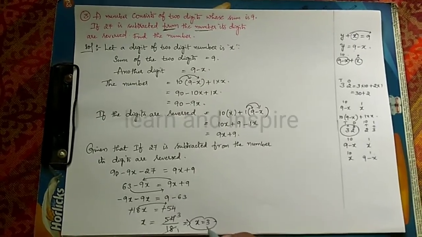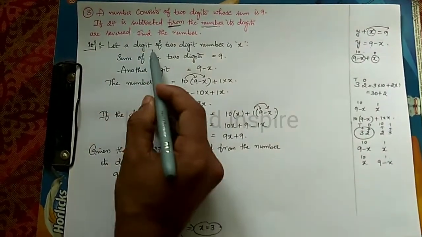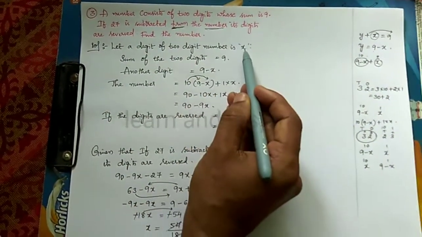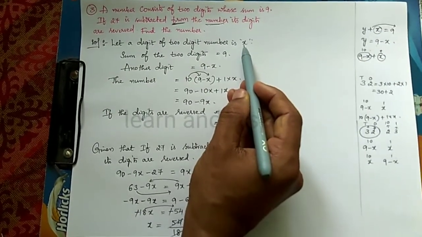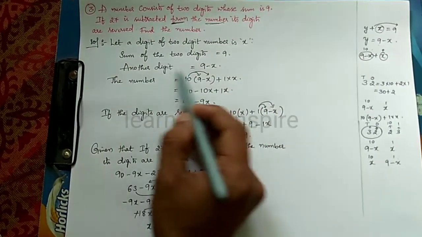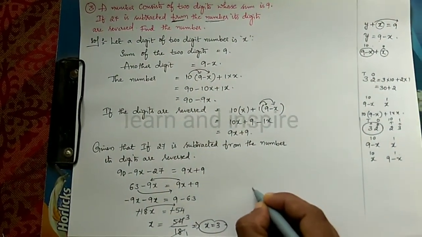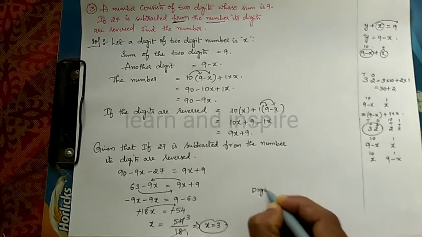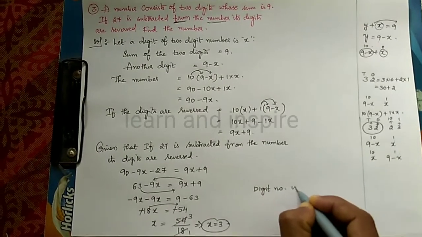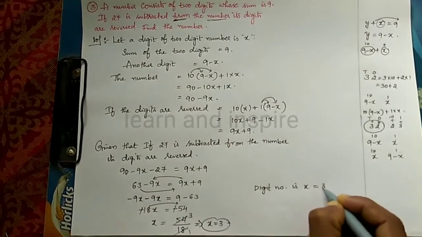So this is the first digit. Let a digit of a 2-digit number be x. Okay, so this is the first digit. We have to find the second digit, the other digit. The first digit is x, which is nothing but 3.